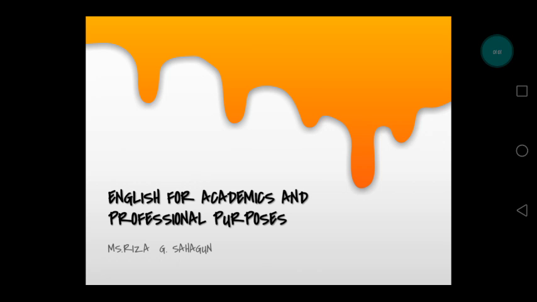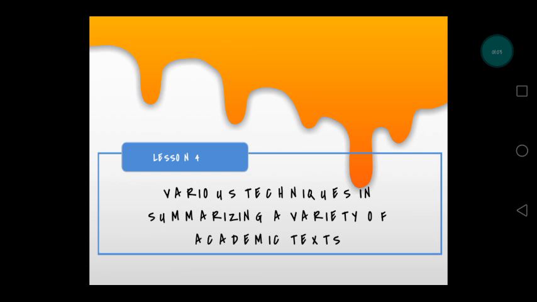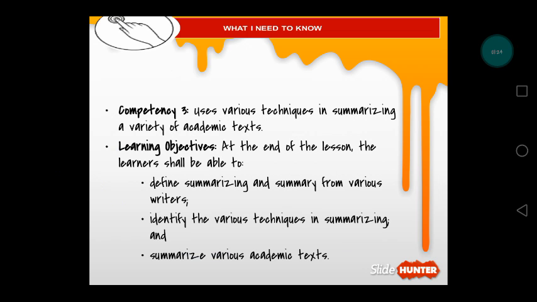So for today, we will discuss the various techniques in summarizing a variety of academic texts. What are your techniques in summarizing? Do you have any techniques? Before we start, let us know the learning competency of this lesson: uses various techniques in summarizing a variety of academic texts.